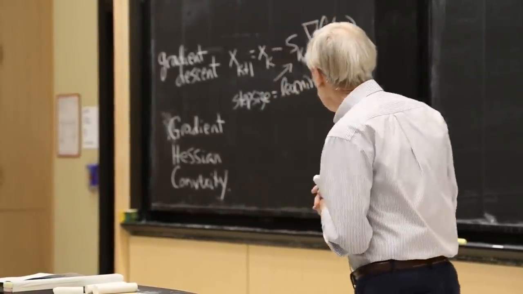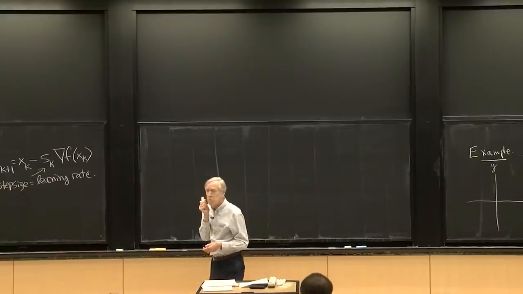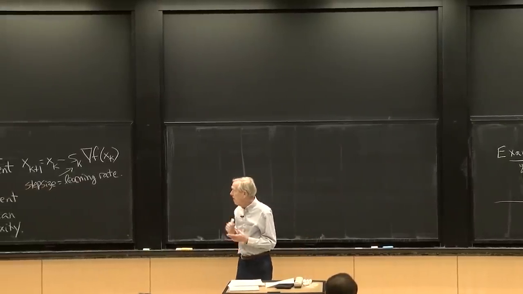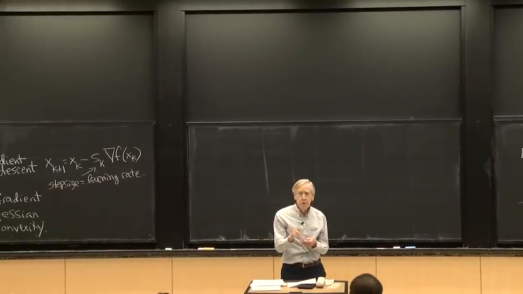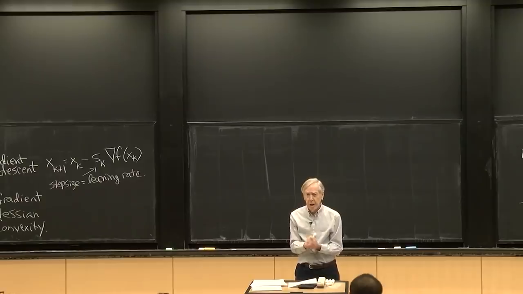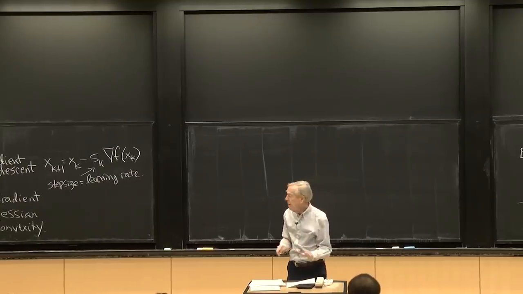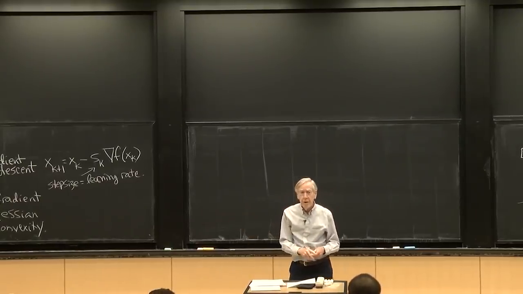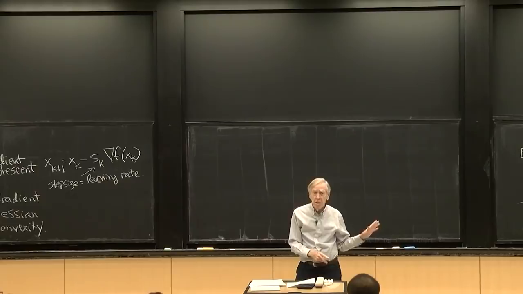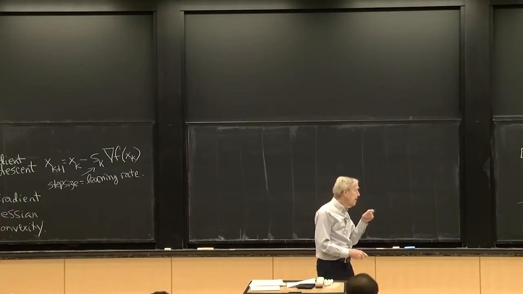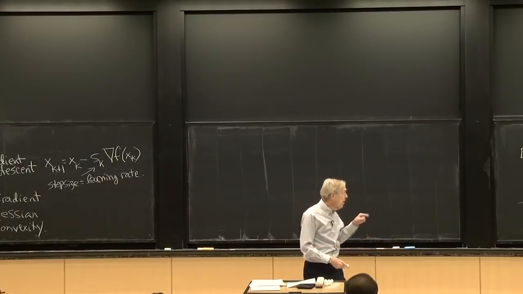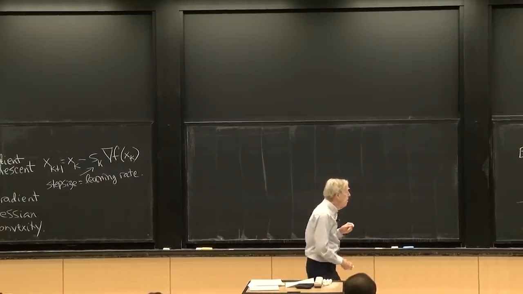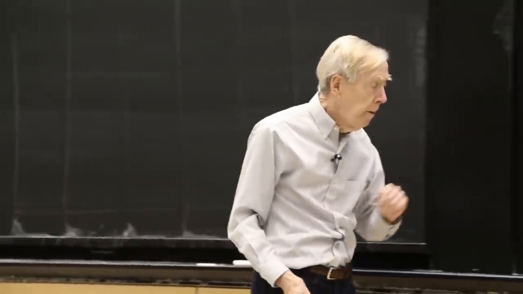Okay, so I introduced, and you've already met the idea of gradient, but let me just be sure to make some comments about the gradient and the Hessian and the role of convexity before we see the crucial example. So I've kind of prepared over here for this crucial example.